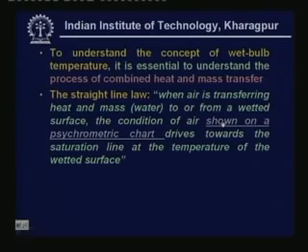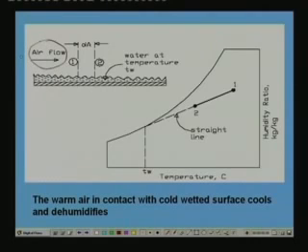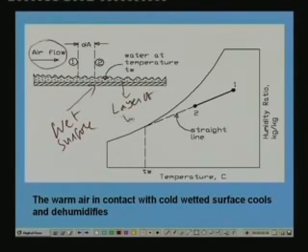Let me explain this. Let us say that we have moist air. For the time being, let us assume that this is unsaturated, that means its relative humidity is less than 100%. And let us say that we have a moist surface, a wet surface. That means on this surface we have a layer of water, and for argument's sake let us assume that this water is at a different temperature compared to this air.